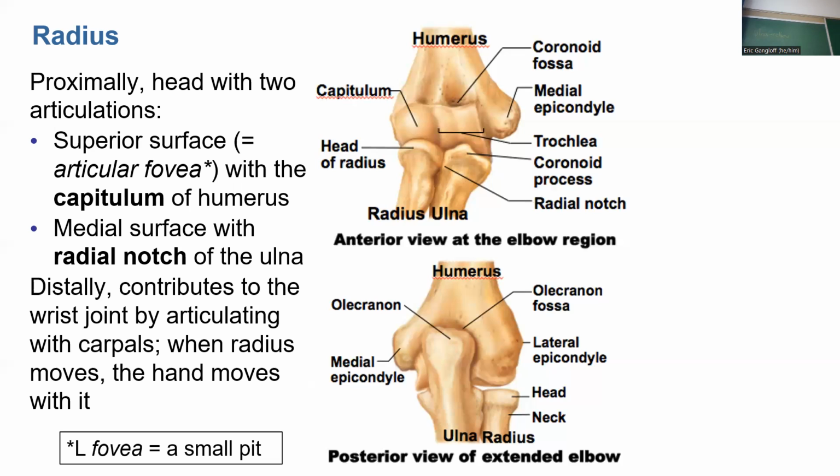But then we have this rotating joint here at the proximal radial ulnar joint. And so what that allows is your arm to rotate this way. So even as your elbow can't move laterally, you can rotate your arm at the elbow thanks to this head of the radius rotating within that radial notch of the ulna.